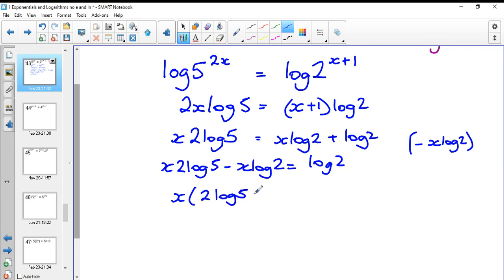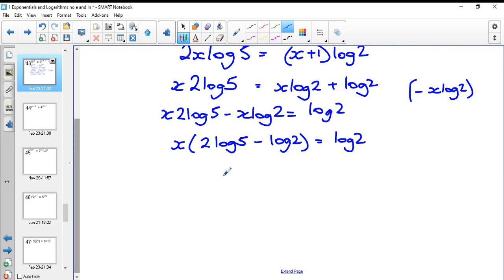So x lots of 2 log 5 minus log 2 equals log 2. And then to get x on its own, I'm going to divide. So x equals log 2 over 2 log 5 minus log 2.